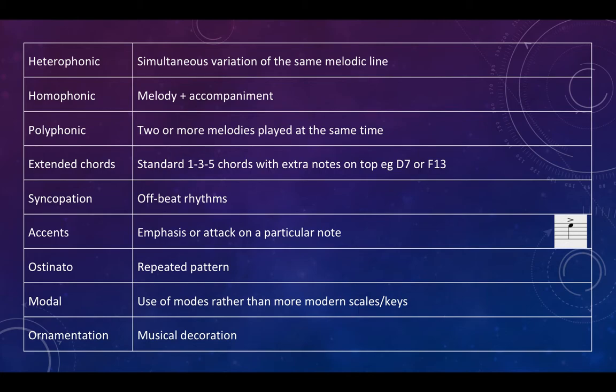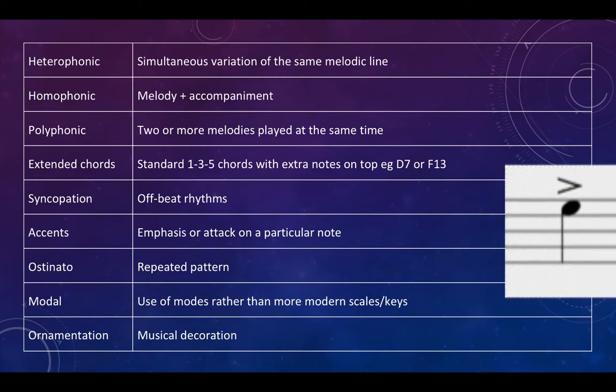Then we've got accents. This is a playing technique when music is written out. This symbol here is almost like a really small diminuendo, i.e. the sound is very loud at the beginning and then dies off.